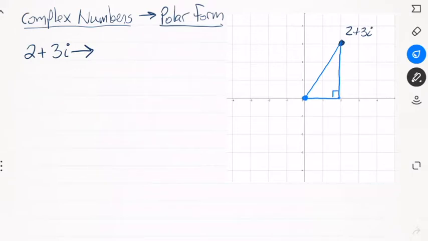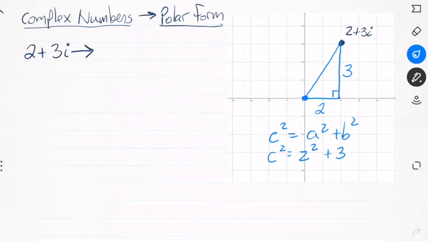So we're going to label our sides, of course, 2 and 3. And then we're going to find the length of the hypotenuse. Of course, that's going to come from Pythagorean theorem. So we're going to have c squared equals a squared plus b squared. And then we don't know what c is. And a is 2, and b is 3. And we're going to get c squared is equal to 4 plus 9, which is 13.